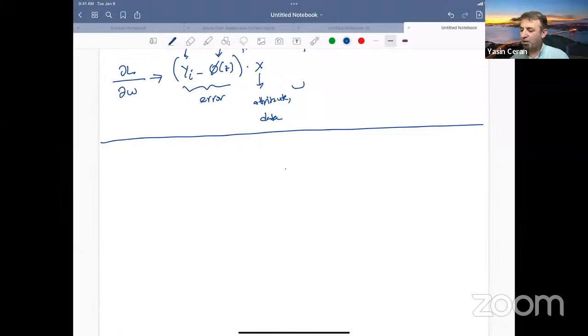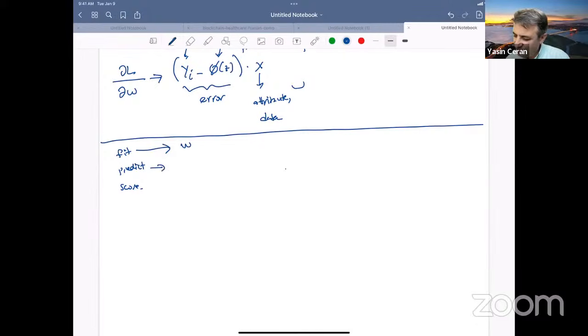If you check any of the machine learning algorithms in scikit-learn, you're going to see three things: fit, predict, and score. Fit is going to give you these W's.